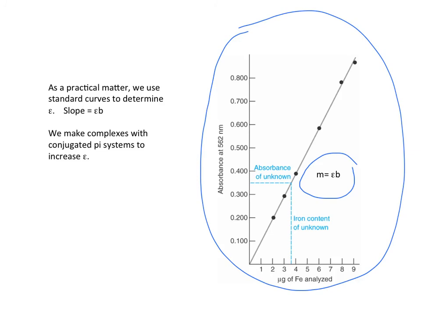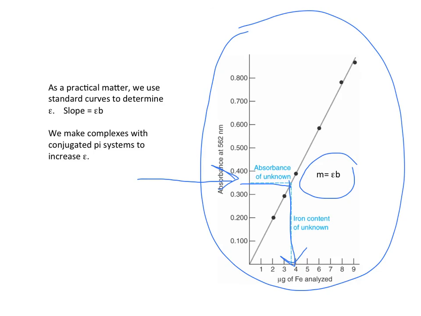To determine an unknown, we simply measure the absorbance of the unknown, extrapolate across to our curve, down to the concentration on the x-axis. So we solve for x in the expression y equals mx plus b, and again b should be pretty close to 0 in most of our simple spectroscopic applications, and m is equal to the molar absorptivity times the path length.